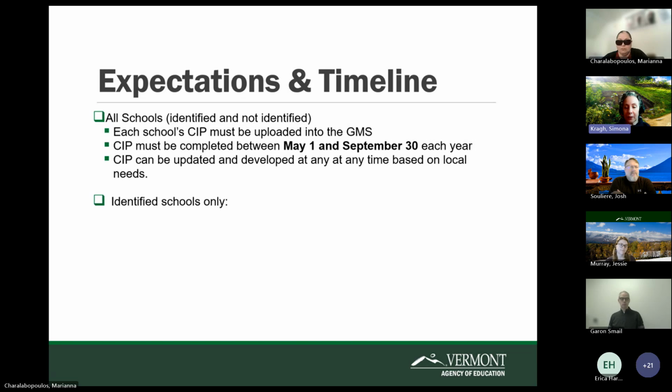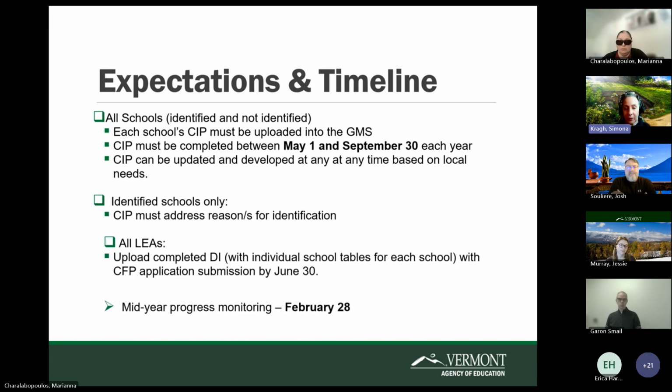For identified schools only, the CIP must address the reason or reasons for identification. Then for all LEAs, upload completed DI with individual school tables for each school with CFP application submission by June 30th. And then you'll have a mid-year progress monitoring by June 28th and end-of-year monitoring again by June 30th.